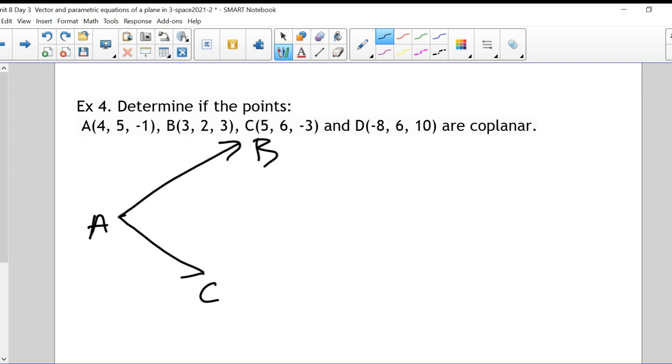If we're going to put vectors tail to tail, the order will matter in how you create those vectors. I'm going to use A, B, and C as 3 of those points. A has whatever the coordinates are, B has whatever the coordinates are, and C has whatever the coordinates are. We have to take AB and AC, so in that order. So we're going to take the AB vector and the AC vector.